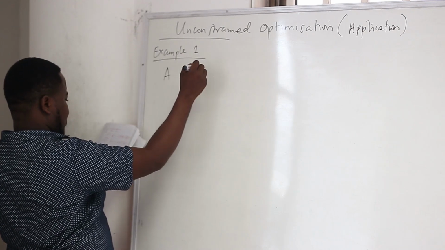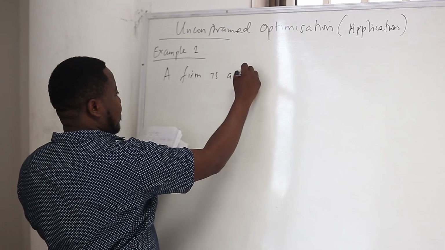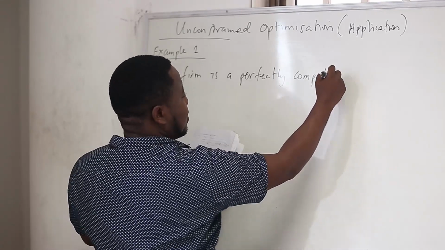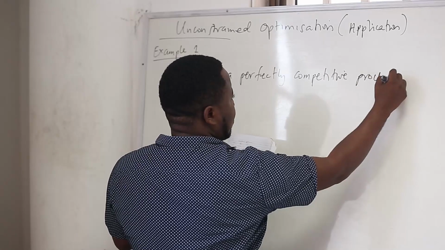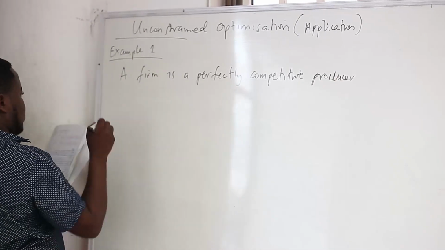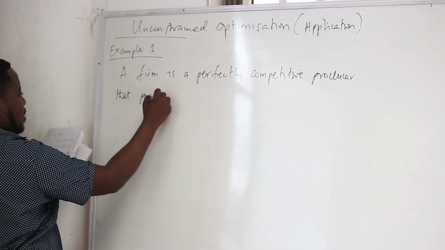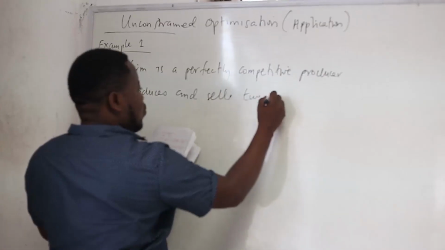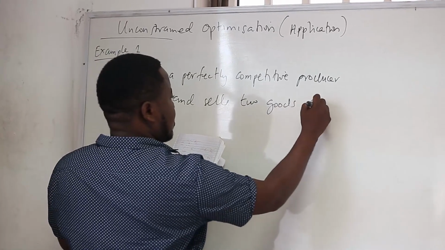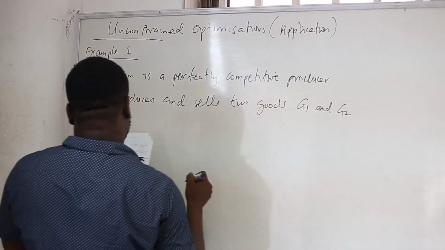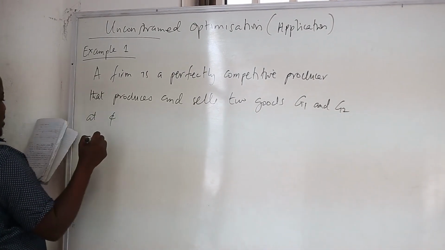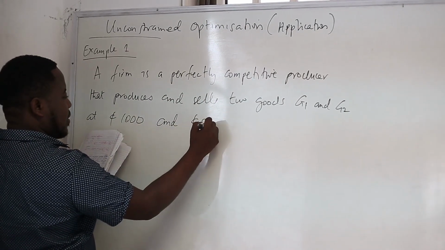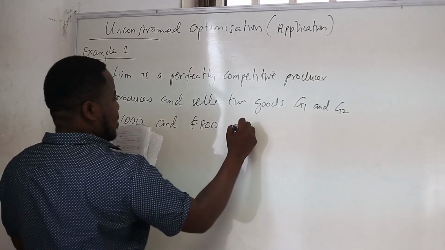A firm is a perfectly competitive producer that produces and sells 2 goods, G1 and G2, at 1,000 Ghana cedis and 800 Ghana cedis respectively.